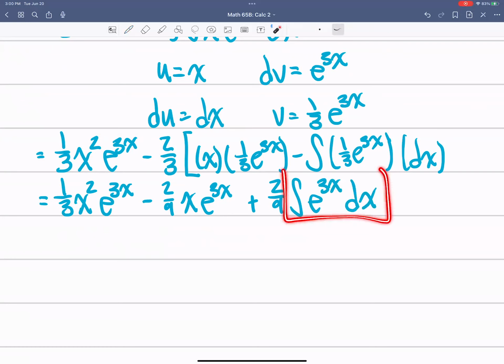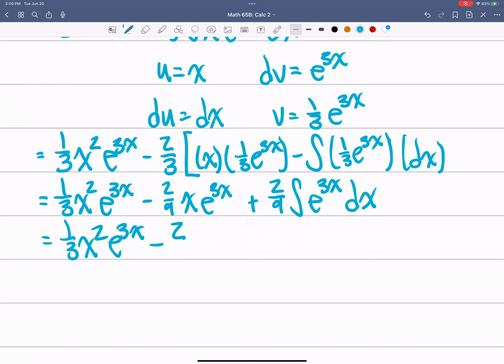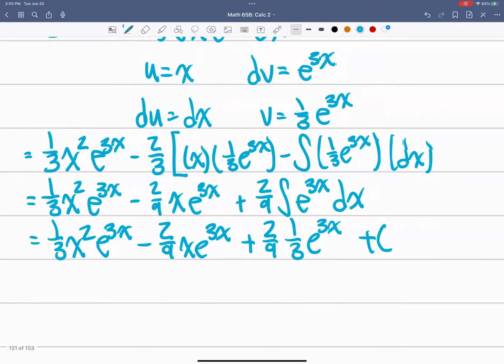And lastly, we could integrate this part here. 1 over 3 x squared e to the 3x minus 2 over 9 x e to the 3x plus 2 over 9 times 1 over 3 e to the 3x plus c.